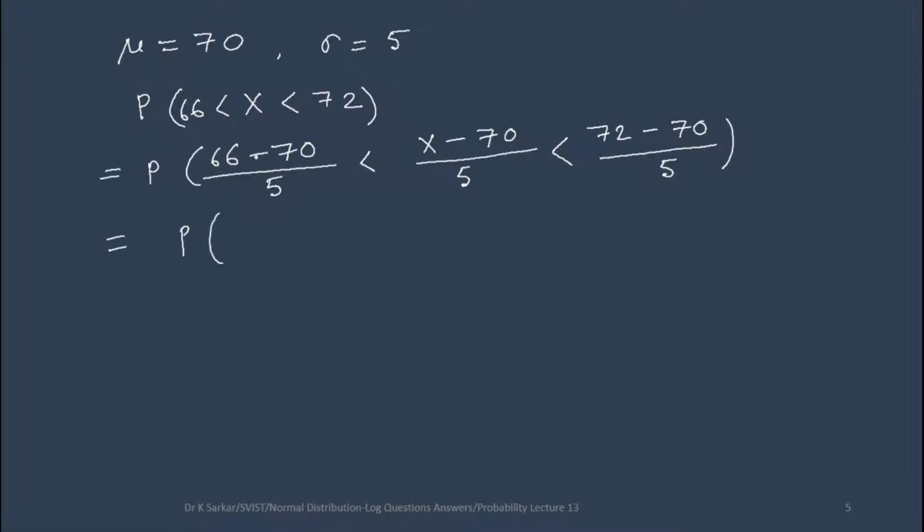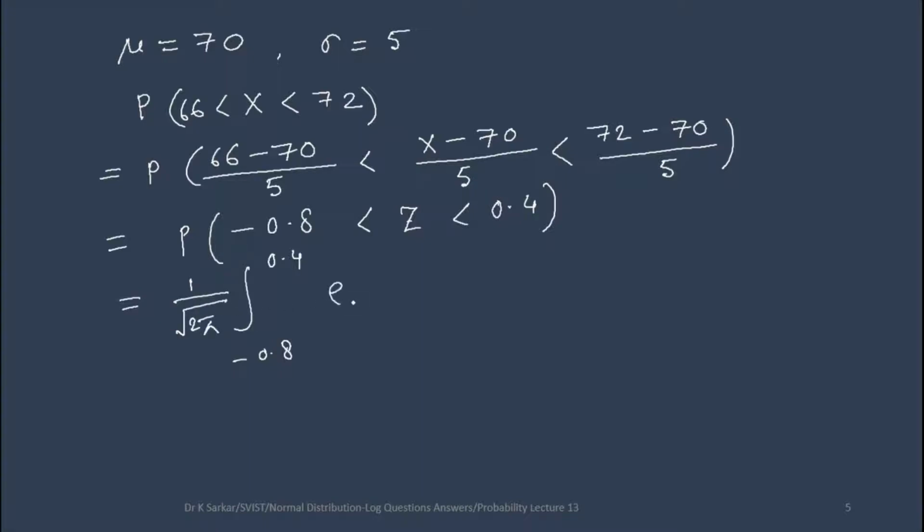So we'll have 70 minus 66 is minus 4, and if we divide by 5 then we will get minus 0.8, which is less than z, this part we can take as z, and less than 2 by 5, that is 0.4. So this is integration minus 0.8 to 0.4 1 by square root of 2 pi e power minus t square by 2 dt.